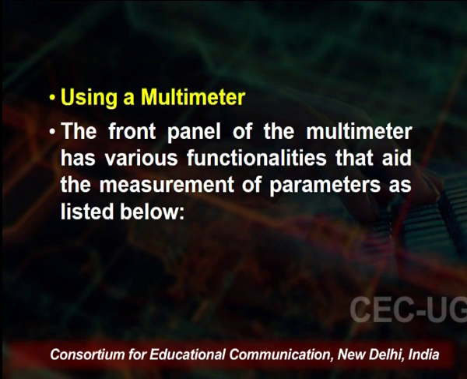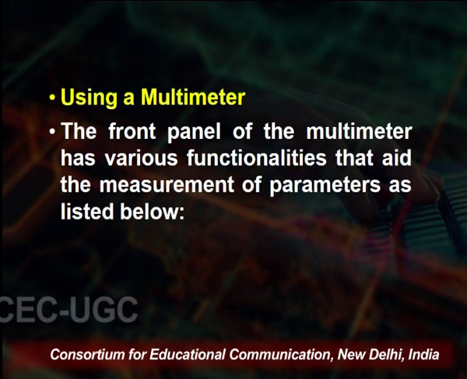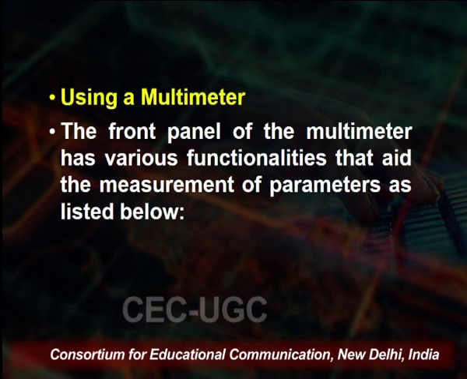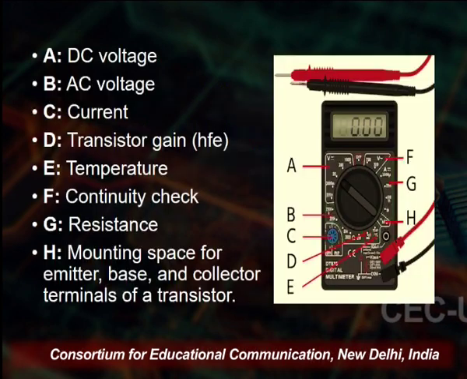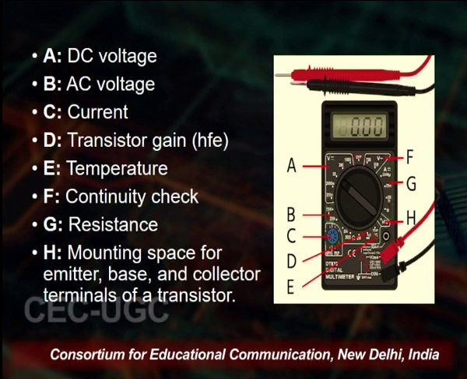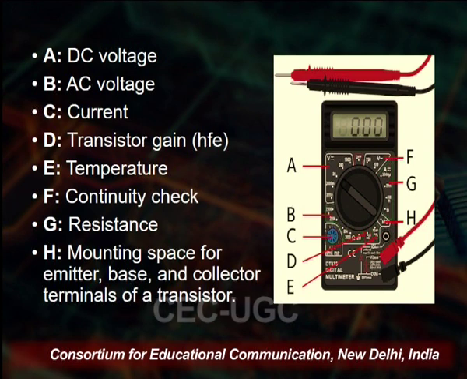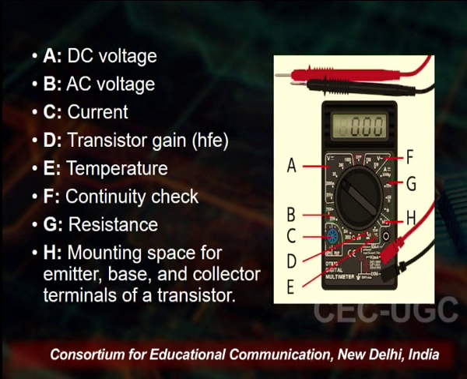Using the multimeter, the front panel has various functionalities that aid the measurement of parameters. What parameters? First, A: on the left hand side, this part gives the value of the DC voltage. Now B: this part gives the AC voltage value. It means we have to put the knob at this point if we are measuring AC voltage.